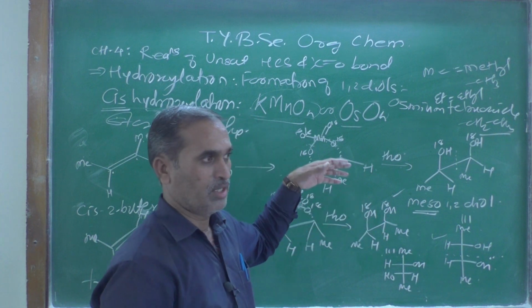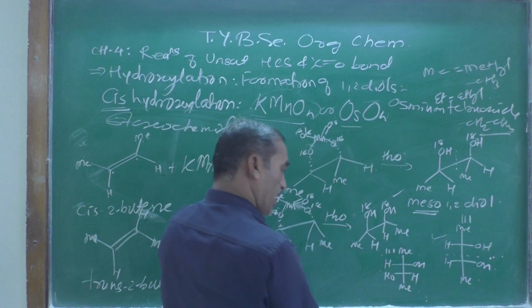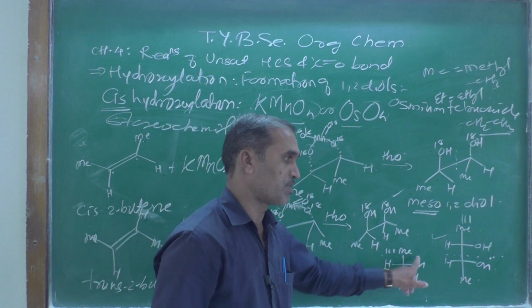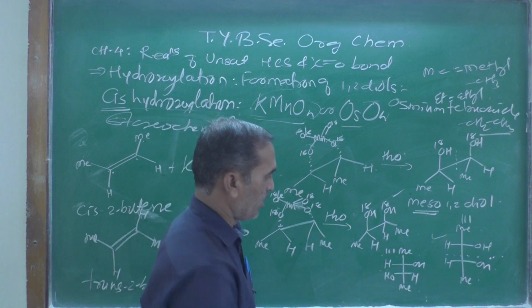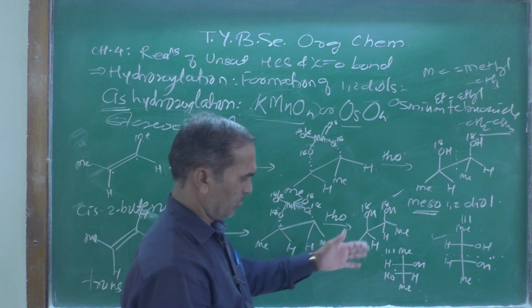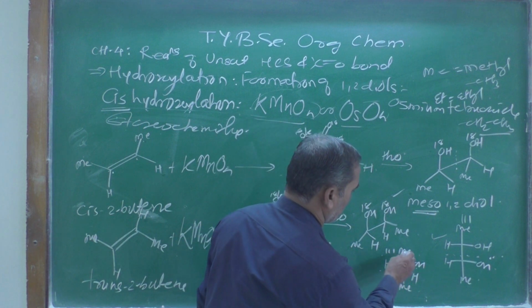These are converted into a Newman projection formula, and there is no mirror plane of symmetry. That type of compound is obtained because the hydroxy groups are opposite to each other, and there are two chiral centers.